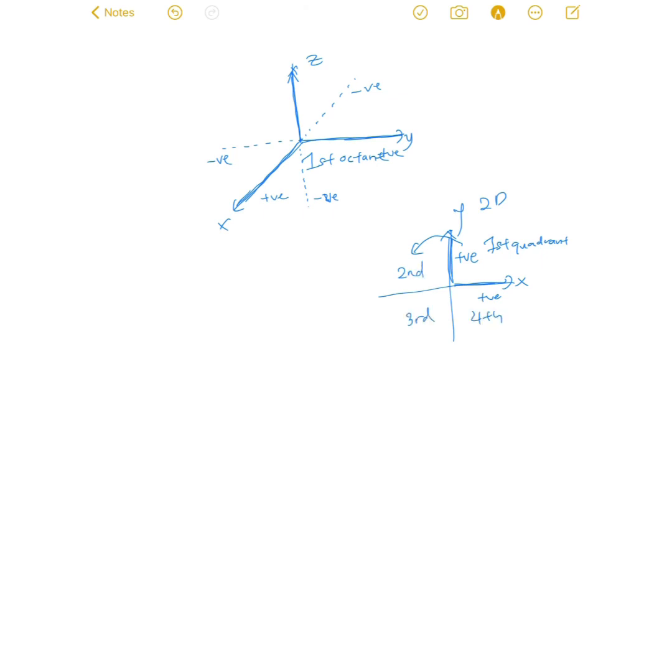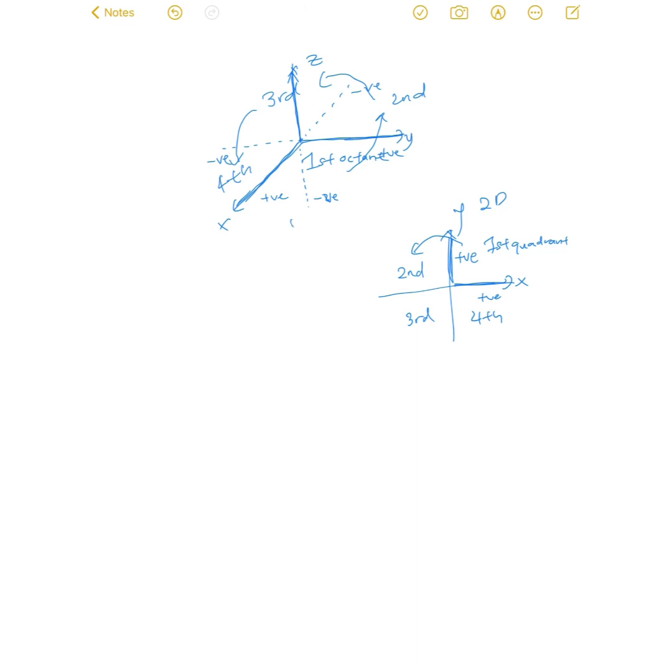In the three-dimensional coordinate system it will be exactly the same. First octant, then second octant, then the third octant here, and then the fourth octant is here, and then repeat below.